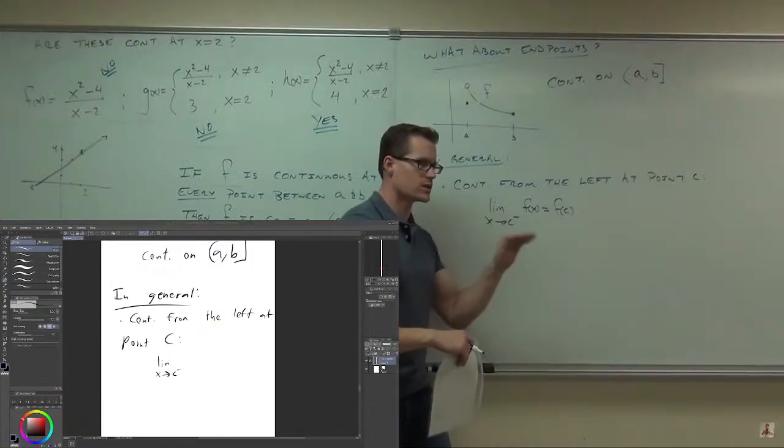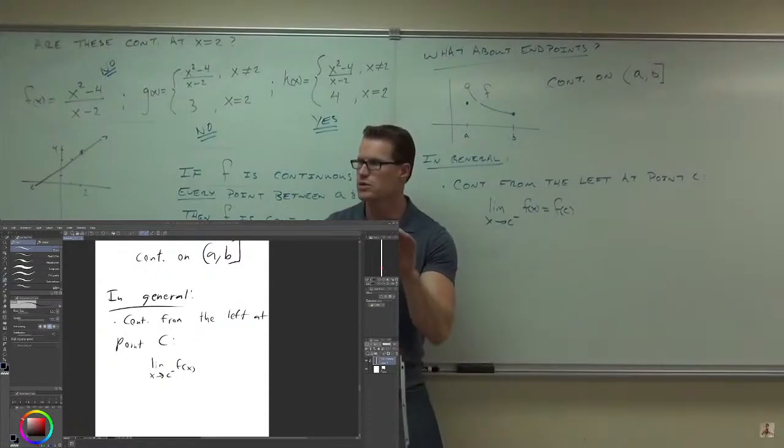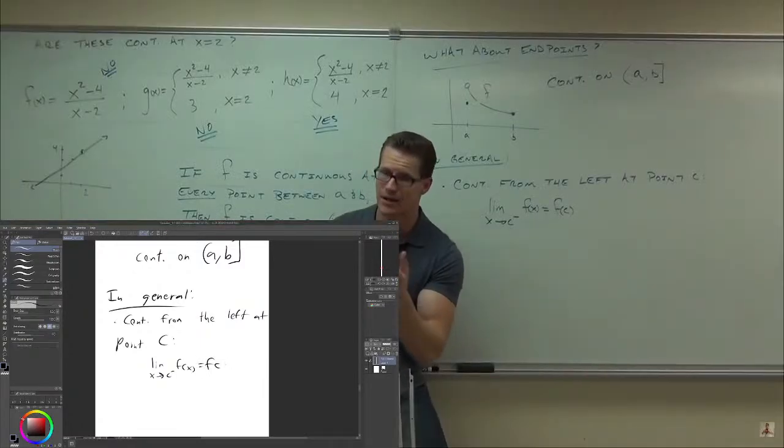So basically we're just checking one-sided limits and making sure they go to the point that is defined and that the point is actually defined.